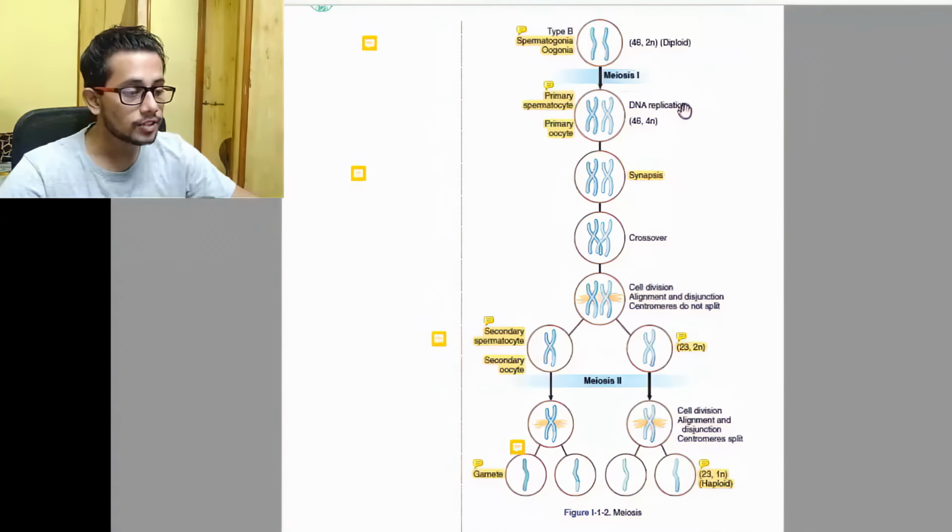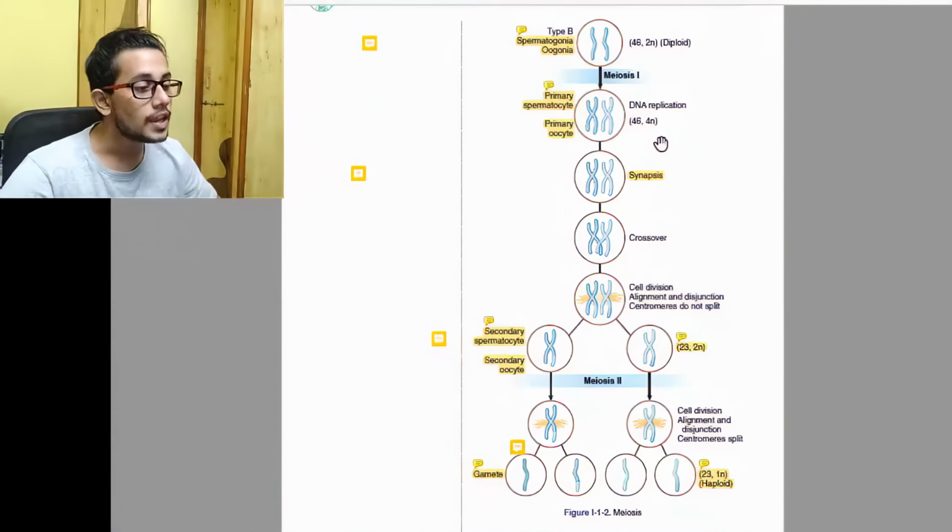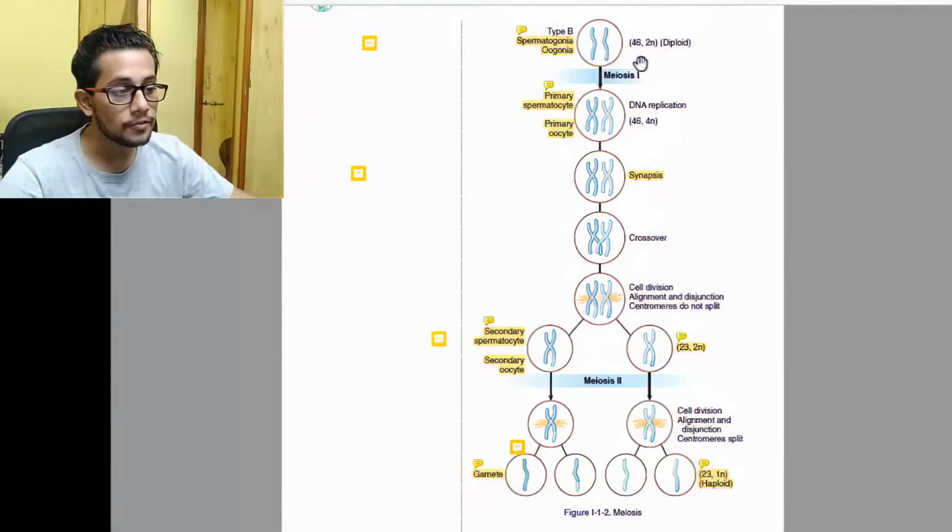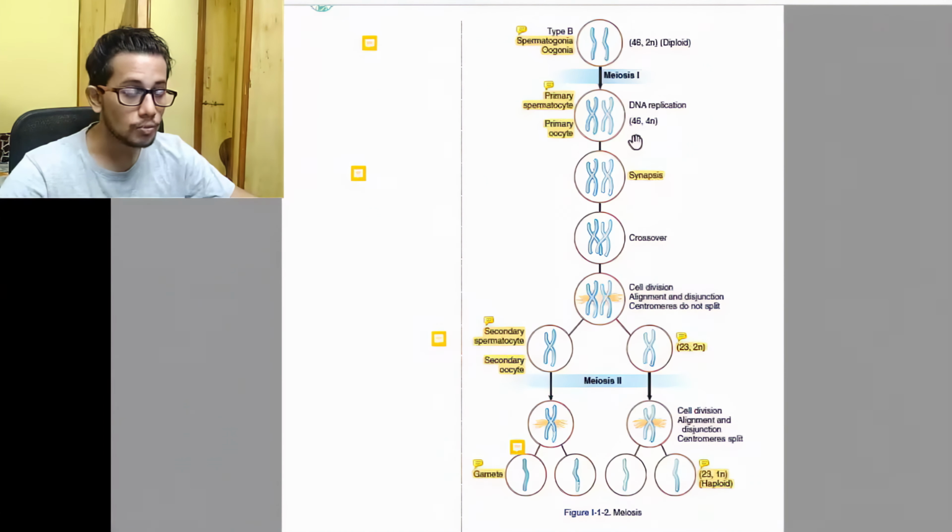Now, during meiosis 1 we have DNA replication. Two different cells mix with each other, share their DNA and produce 4 different gametes. During meiosis 1 DNA replication, as you can see here, before we had 46 chromosomes, now we still have 46 chromosomes, but instead of 2n we now have 4n.